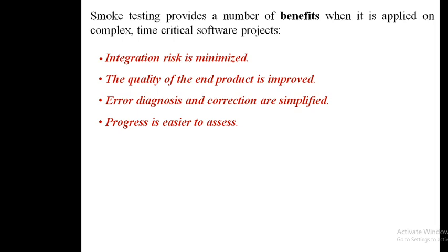Second, the quality of the end product is improved, because when we conduct smoke tests on software products, the quality improves. Third, error diagnosis and correction are simplified. Fourth, progress is easy to assess. So these are the four benefits of smoke testing, and these are the concepts of testing strategies for conventional software.